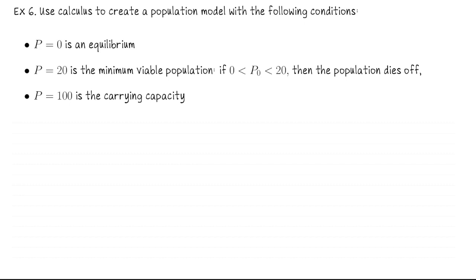Okay, let's sketch a phase line illustrating this behavior. So really, there are 3 total equilibria that I can detect from these conditions: 1 at 0, 1 at 20, which is like that minimum threshold, and 1 at 100.